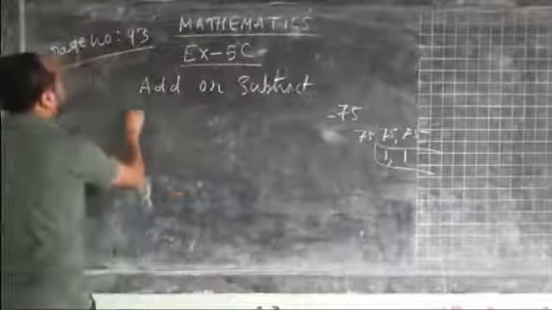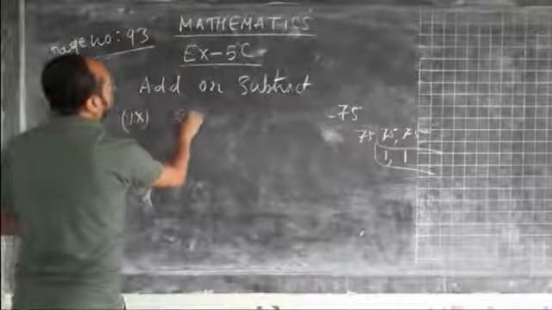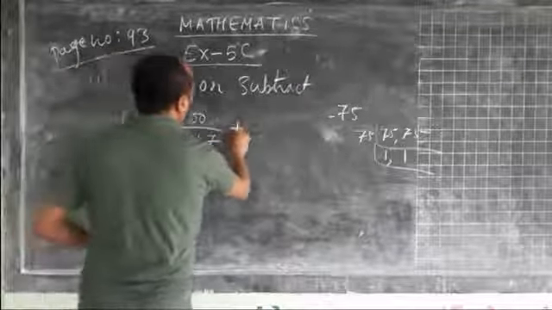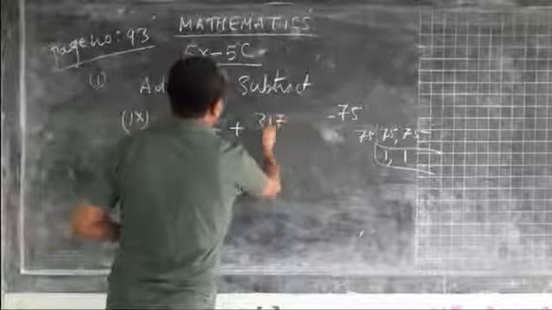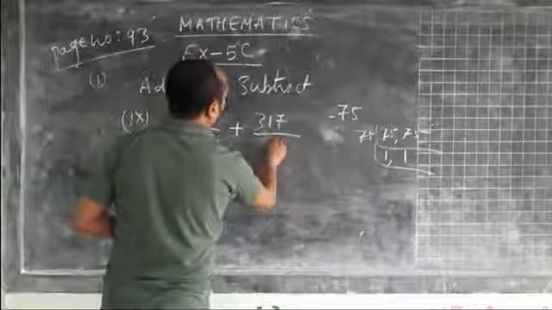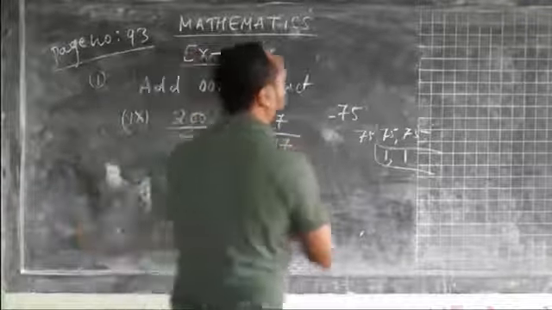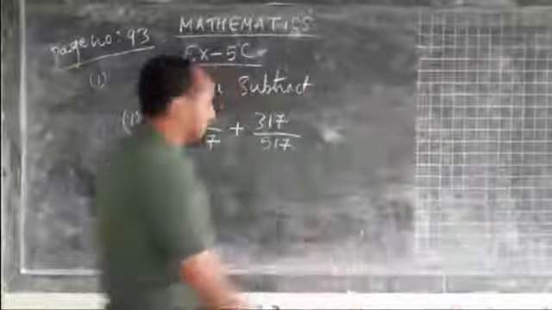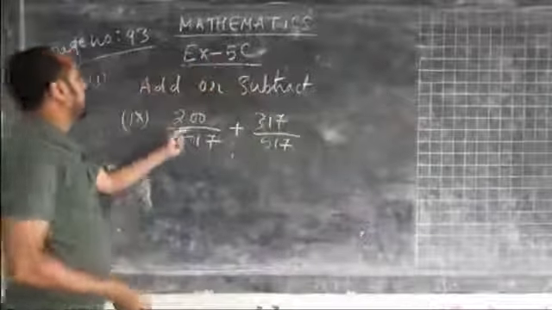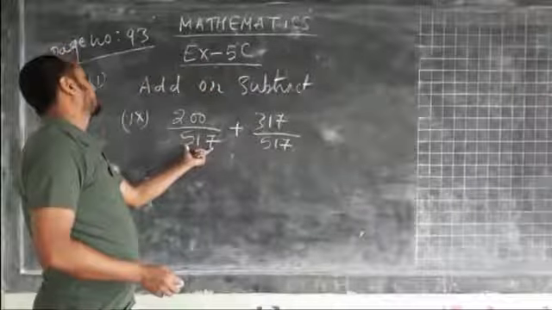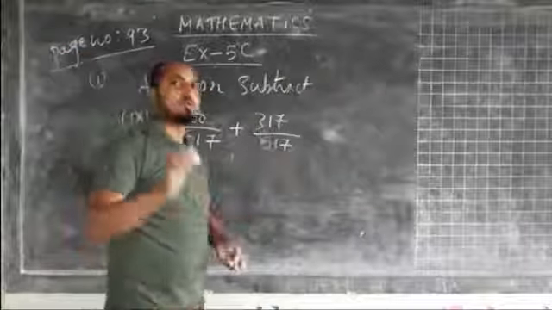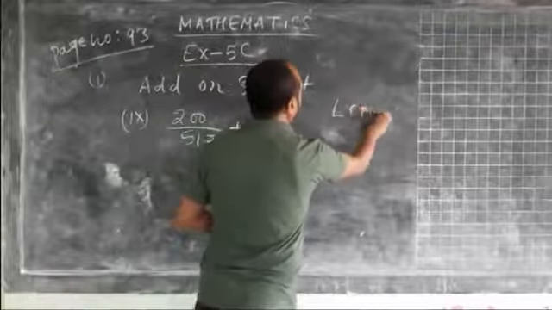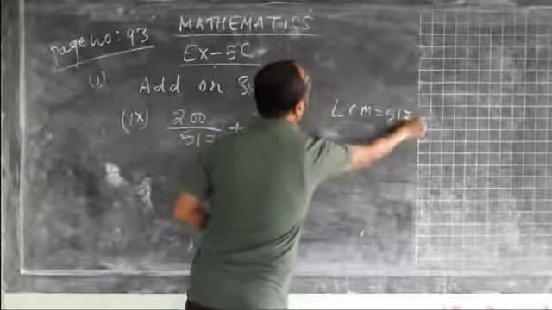200 plus 317 by 517. So here, in both the cases, the denominators are the same, so the LCM will be 517.